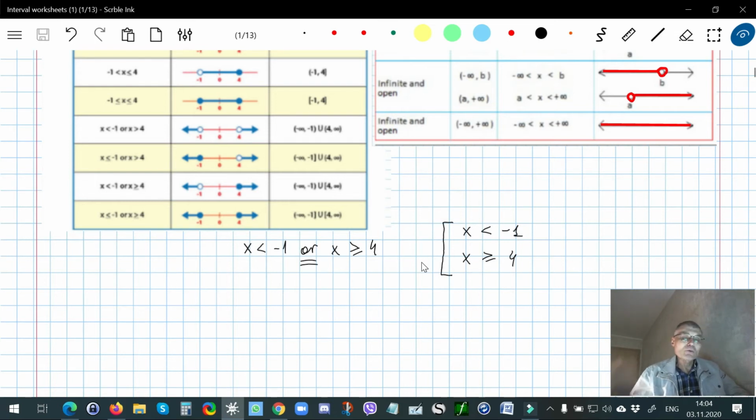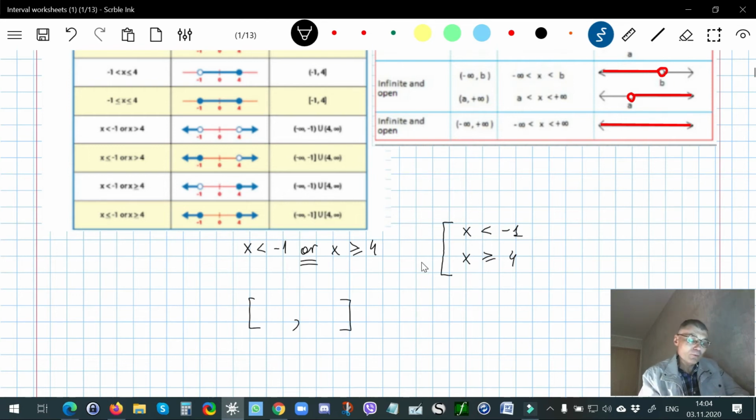Okay, so possible mistakes in maths. For example, let me draw your attention to the beginning of the interval. Let us consider a closed interval. It means we include both points.